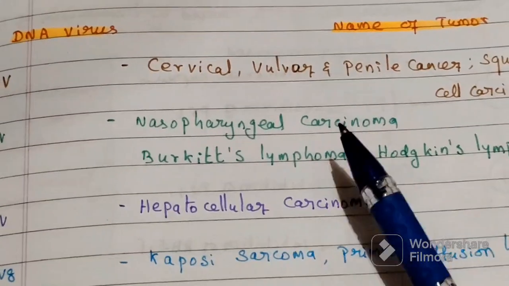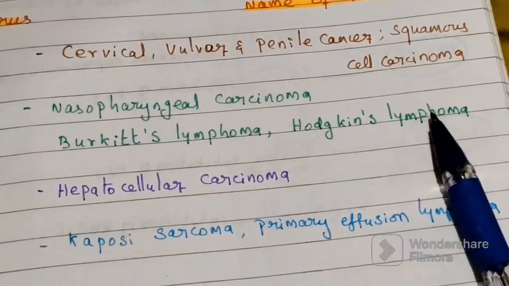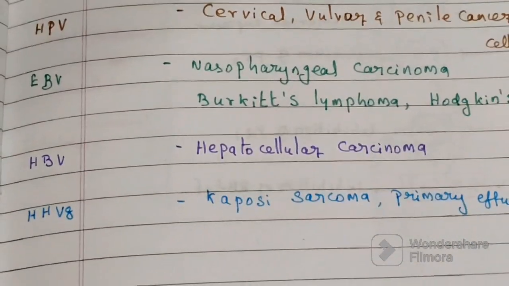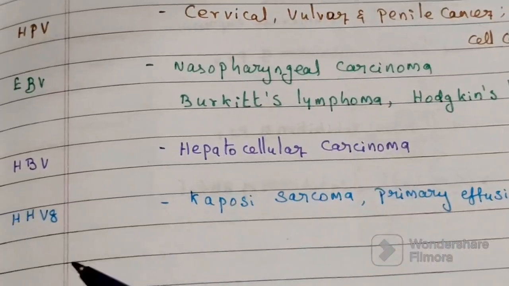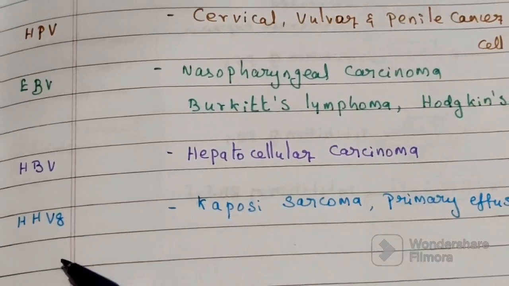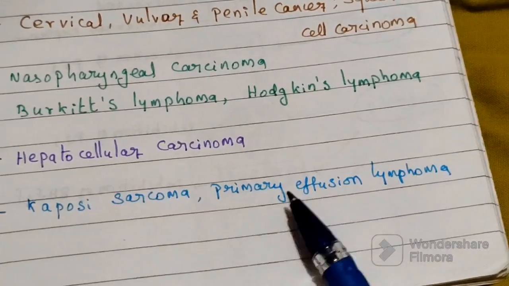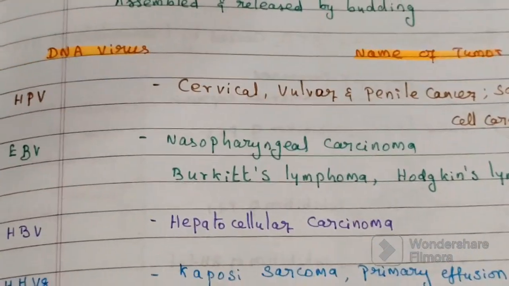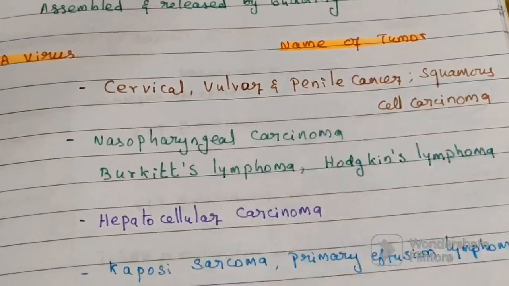This one will cause nasopharyngeal carcinoma, Burkitt lymphoma, Hodgkin's lymphoma. Then hepatitis B virus. It causes hepatocellular carcinoma. Then human herpes viruses, which cause Kaposi sarcoma and primary effusion lymphoma. These are the DNA viruses and the names of the tumors.